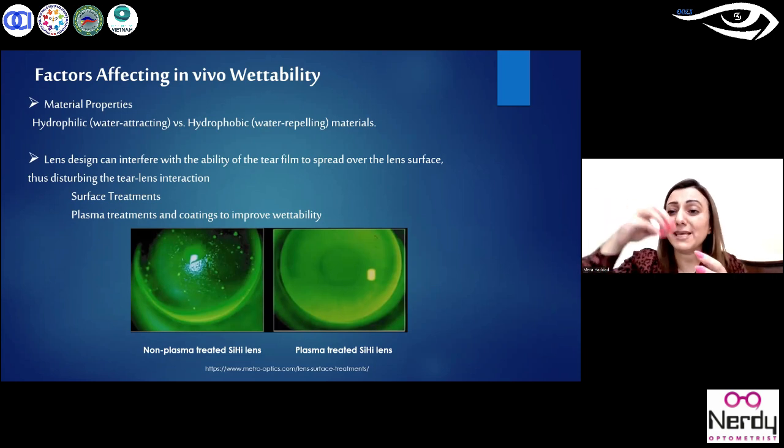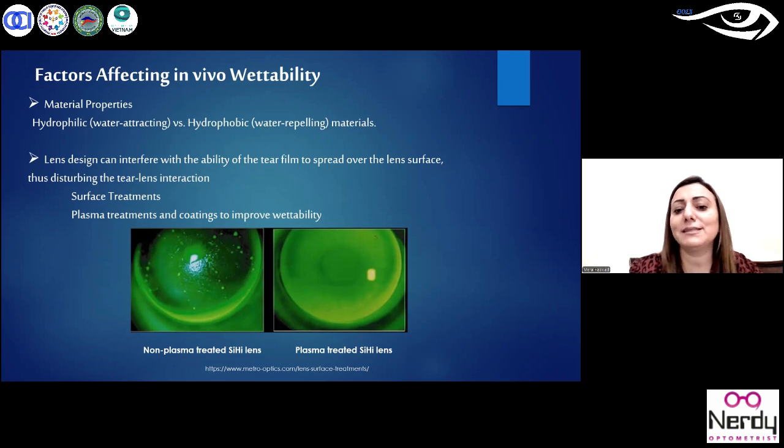So the wetting agents go in during the copolymerization process, so the lens becomes wettable and comfortable during wear. Otherwise, it can't be worn. Now, just to mention the relationship between wettability and deposition, they described it in a way.